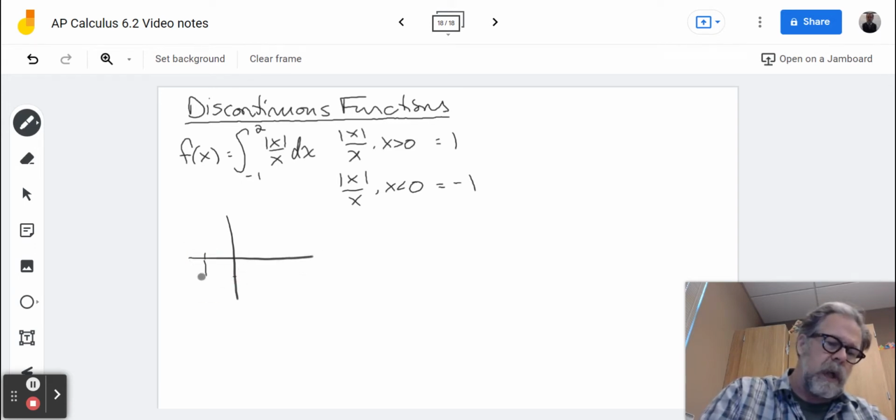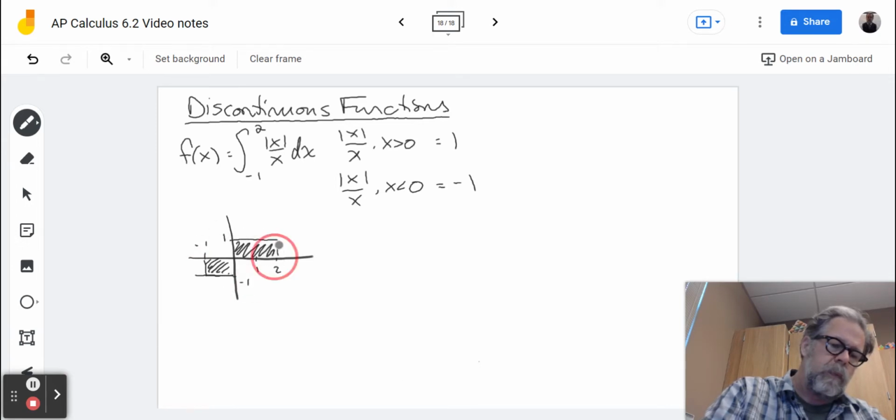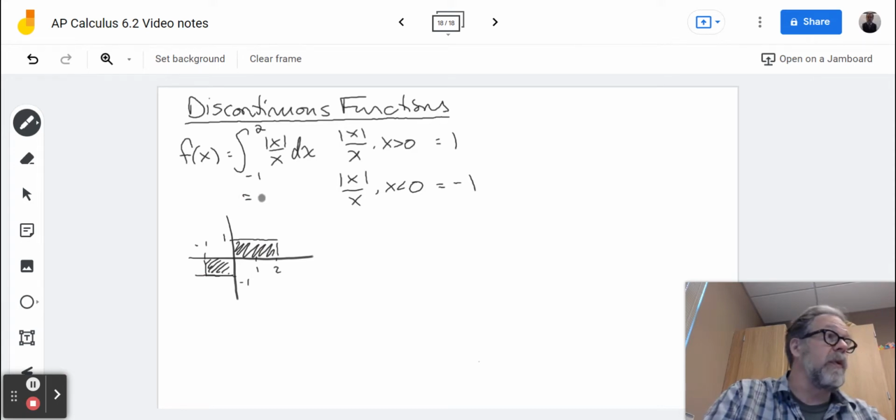which means that this function graphing in the region of interest is going to look like this, and it's going to look like this, which means that we can see that this integral is just going to be equal to 1.